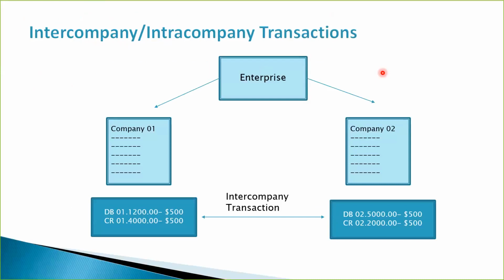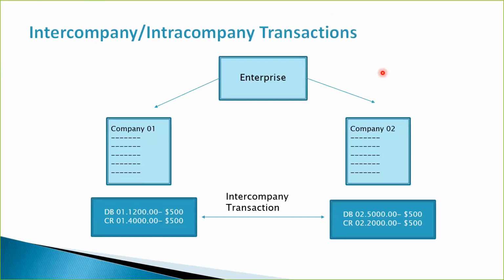So right now, we should understand intercompany transactions as transactions that occur between two entities under the same corporate enterprise. Okay. So any transaction that occurs between two entities that are part of the same corporate enterprise, we refer to it as an intercompany transaction.